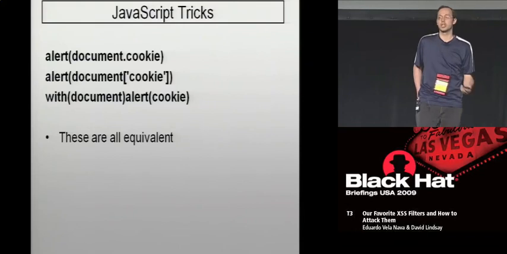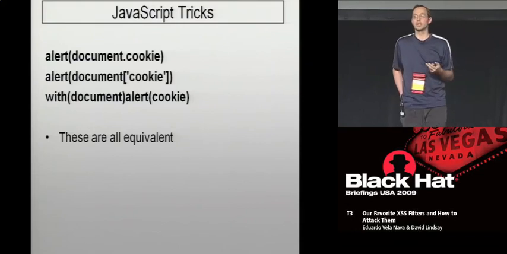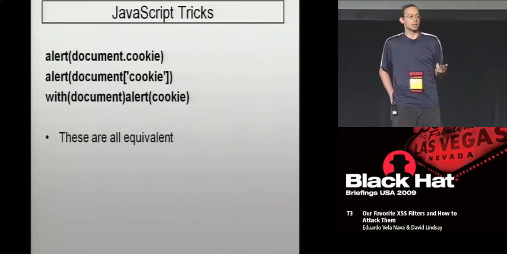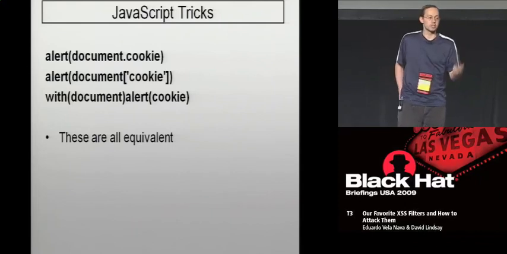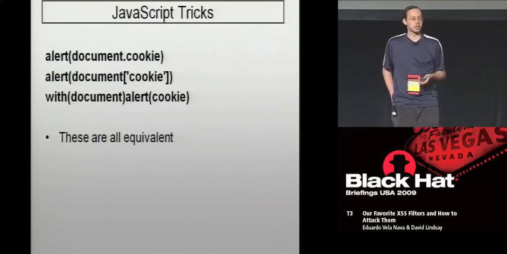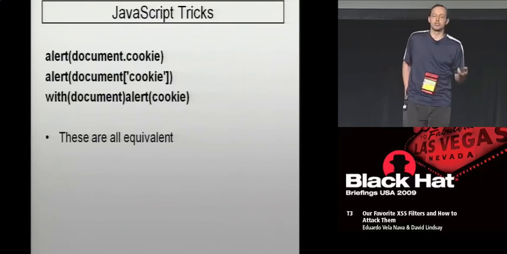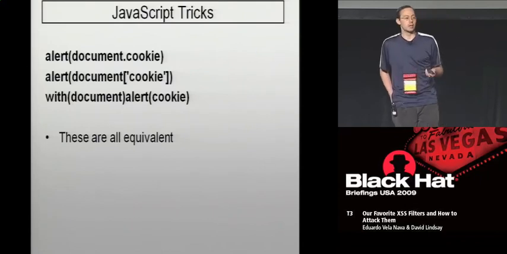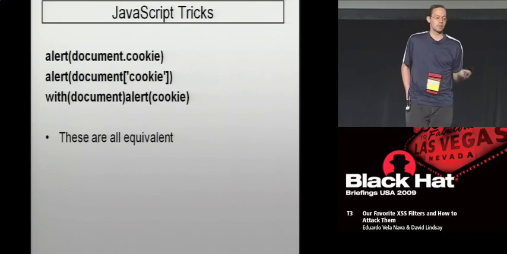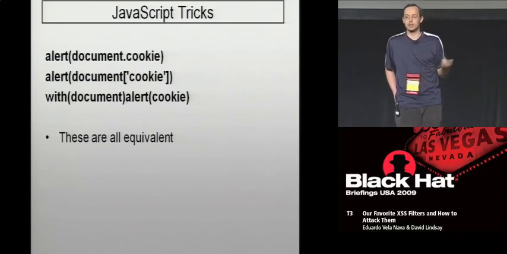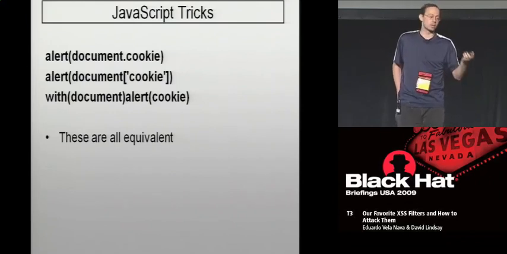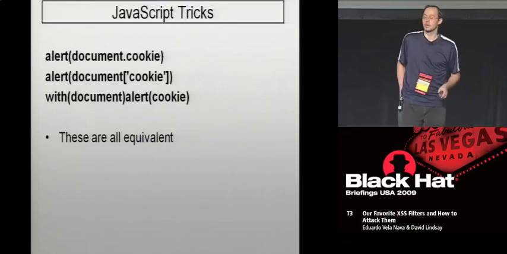So you can break up the string, you can encode it in different ways, you can reference it in different ways. So putting things in strings like this is really helpful when you're trying to bypass filters. And then the last one is just another trick you can use to avoid using dots in your JavaScript. I have seen cases where periods or dots are actually filtered out, and so sometimes you do have to do things like this in order to get injection to work.